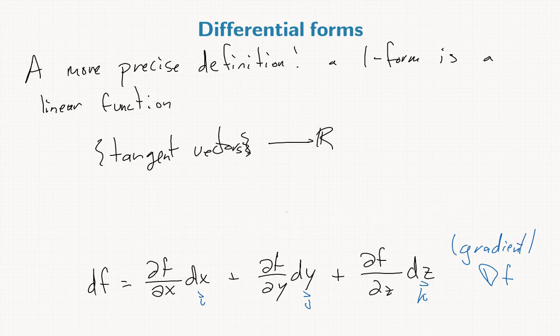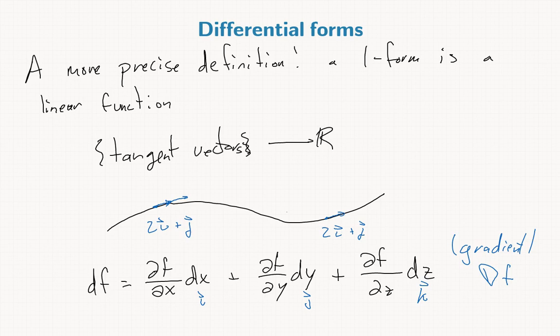Let's say we imagine this curve in two-dimensional space. The tangent vector here is this, and the tangent vector here is this. So let's say this is something like 2i plus j, and this is also 2i plus j.